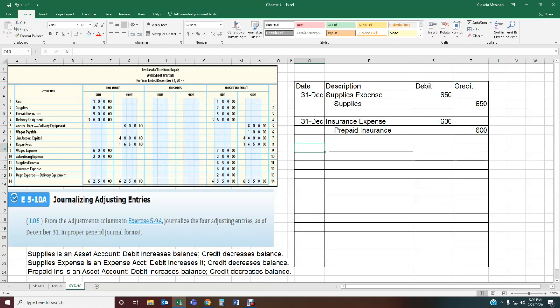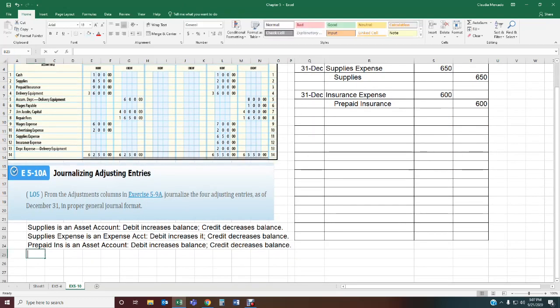Delivery equipment, that balance did not change. Now let's look at our accumulated depreciation. I have a credit balance of 600 and over here I have a credit balance of 800. So my accumulated depreciation increased. Accumulated depreciation is a contra asset.